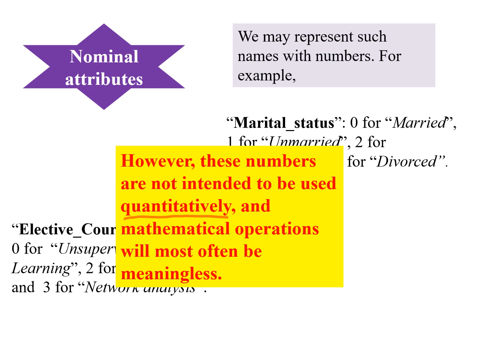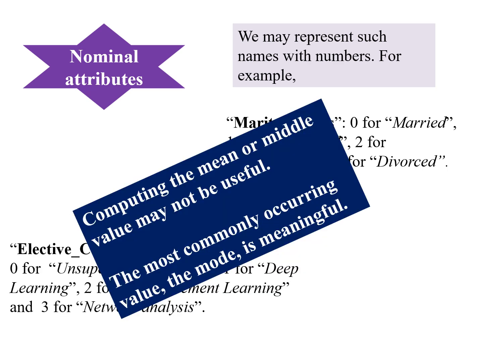So most of the mathematical operations would be meaningless even if you represent the nominal attributes using numbers. However, you could use the mode, which is the most frequently occurring value. So that would definitely make sense even for the nominal attributes or the names, whether you're representing them as numbers or as names.